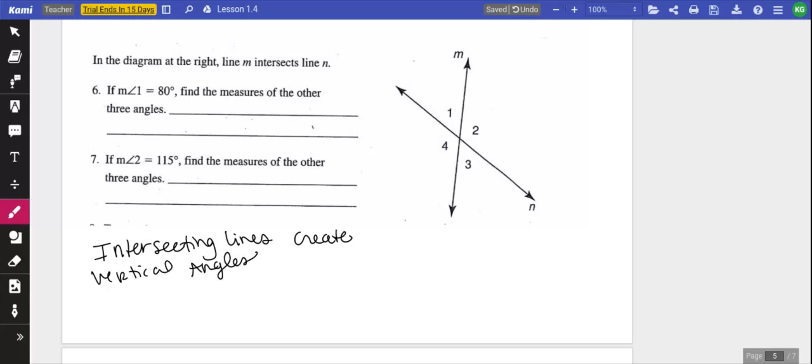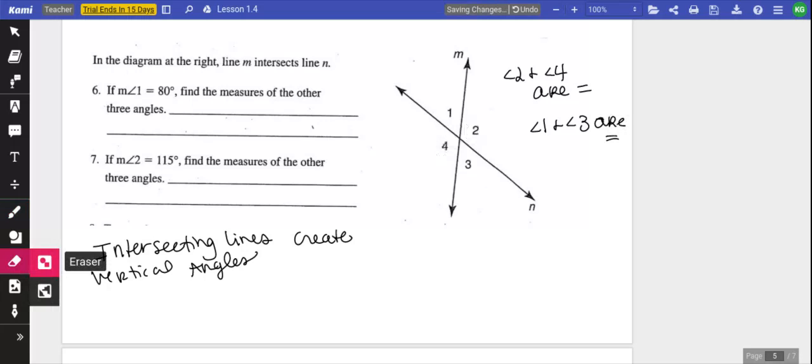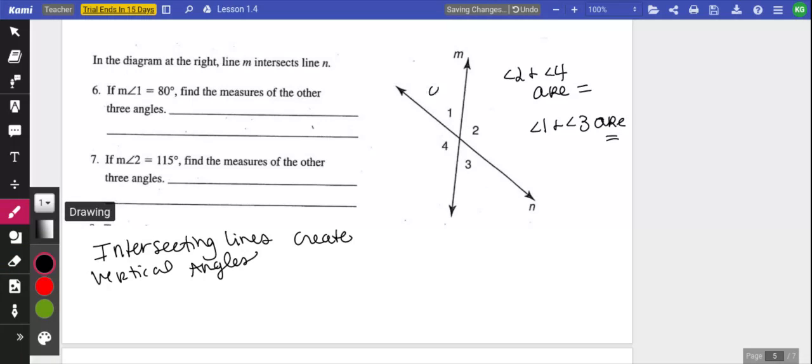So basically, at any time you have intersecting lines that make like an X, the angles that are opposite each other are equal. So angle 2 and angle 4 are equal. And angle 1 and angle 3 are equal. So in this case, if angle 1 equals 80, then angle 3 would be 80.